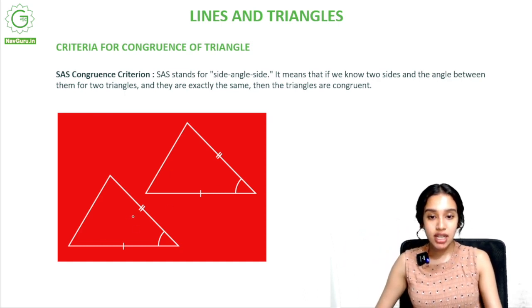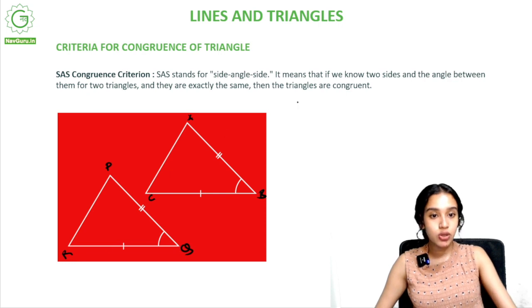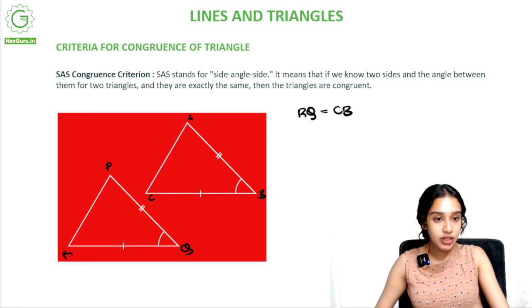Here let's name this triangle PQR, and this one ABC. The side RQ is equal to CB, and the side PQ is equal to AB.